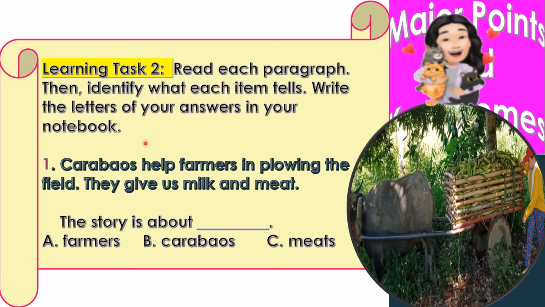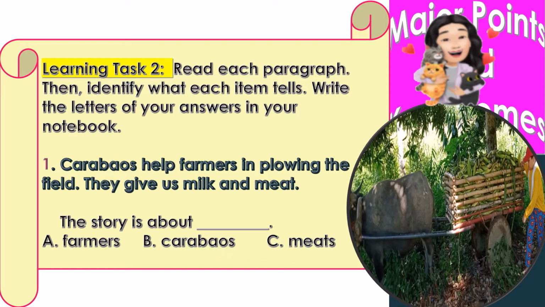For learning task 2, read each paragraph, then identify what each item tells. Write the letter of your answer in your notebook. Number 1, carabaos help farmers in plowing the field. They give us milk and meat. So the story is all about blank. A. Farmers. B. Carabaos.